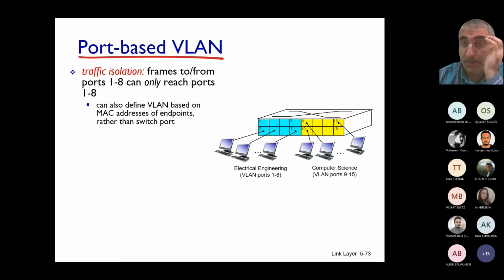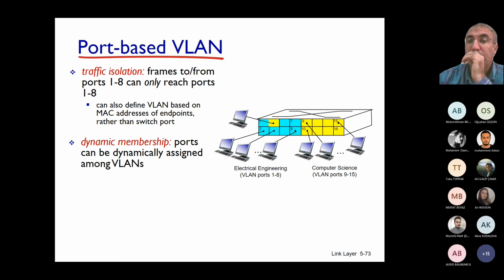In this port-based VLAN, let's look at the traffic isolation. Frames from ports 1 to 8 can only reach ports 1 to 8. So you isolate the traffic of electrical engineering from the traffic of computer science. We can also have dynamic membership in this VLAN, so ports can be dynamically assigned among these VLANs.